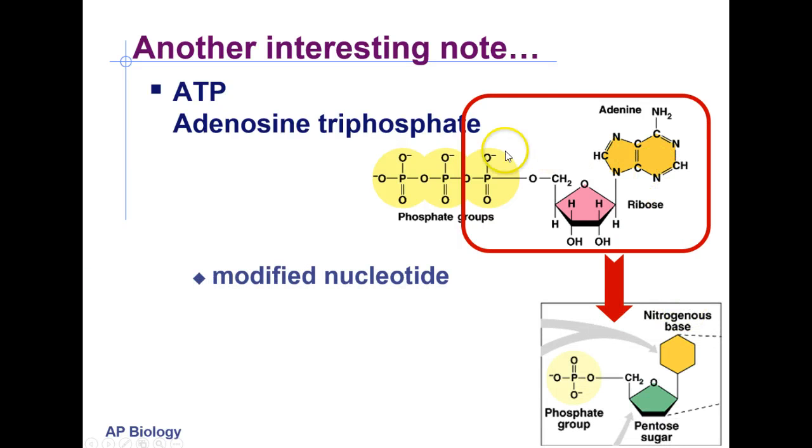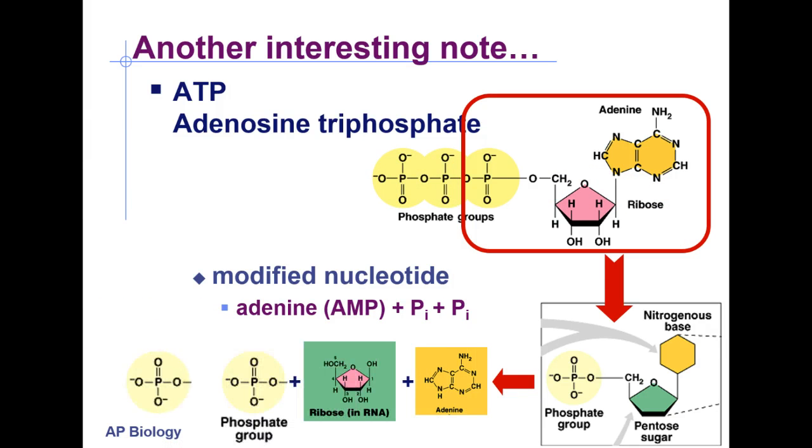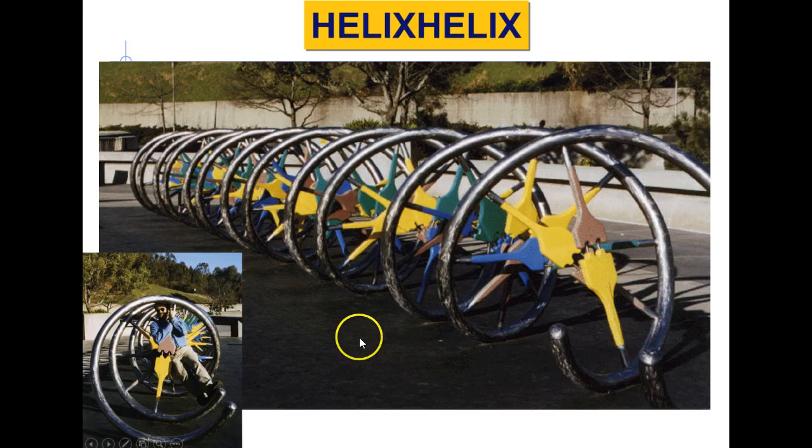But just one of these here has a similar form as a nucleotide of DNA or RNA. It's just got a couple extra phosphate groups over here. There's our 3 phosphate groups there. There's a double helix.